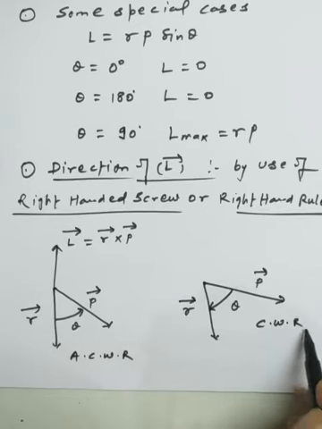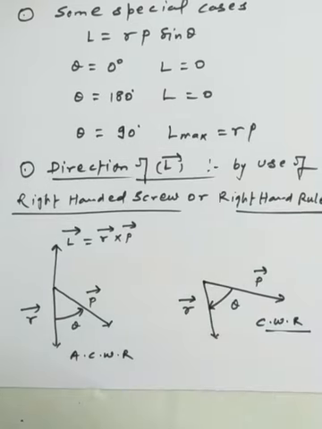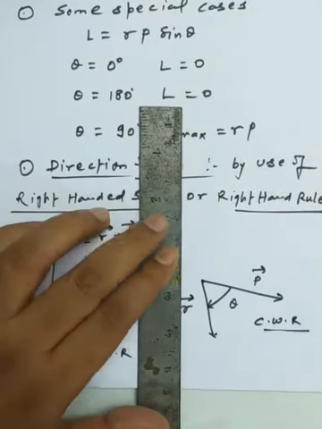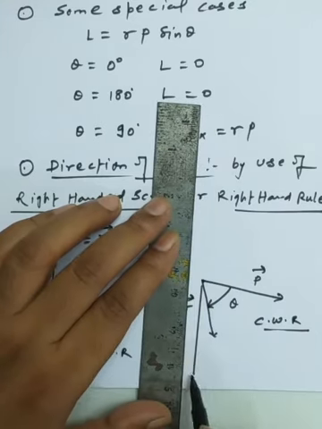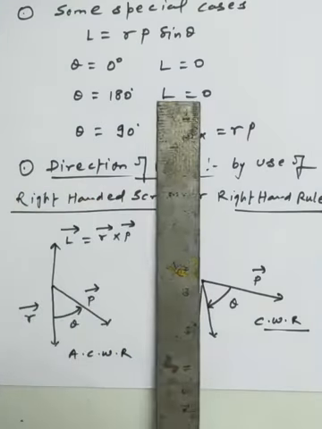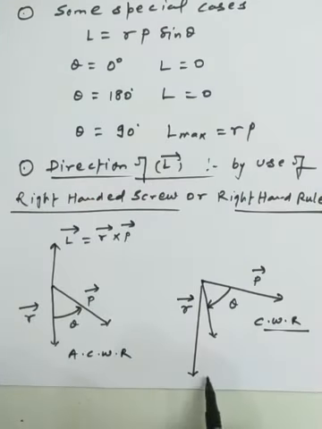Whenever we assume the clockwise rotation, L points in the downward direction. Sorry, not torque, this is the meaning of L in the downward direction. L is along that P vector, or you can use the negative sign, because the vector product is anti-commutative.